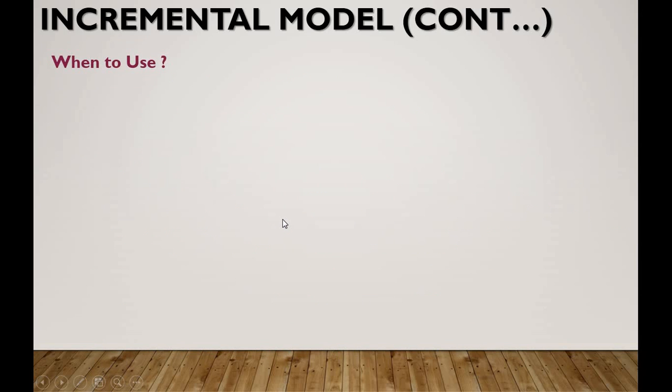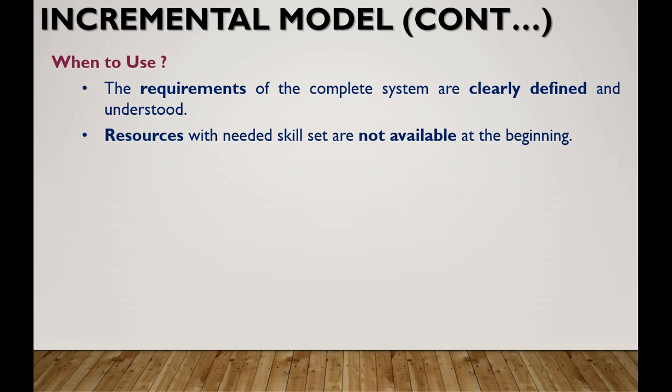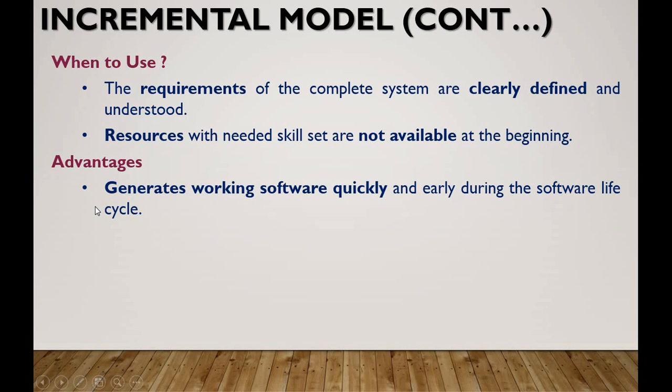So let's check when we can use this incremental model. The requirements of the computer system are clearly defined and understood. Another one is that resources with the needed skill set are not available at the beginning. What are the advantages of the incremental model? First, it generates working software quickly and early during the software life cycle, because we only have to generate some very basic functionality for the project.